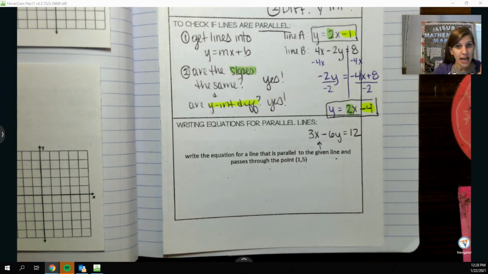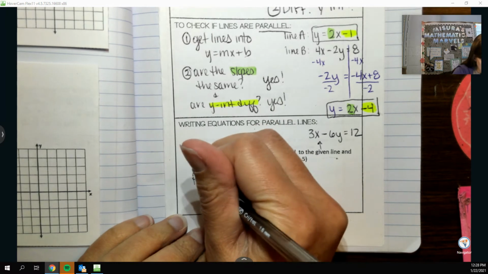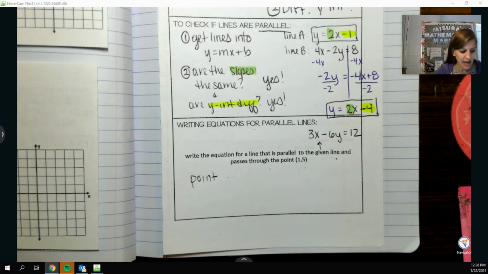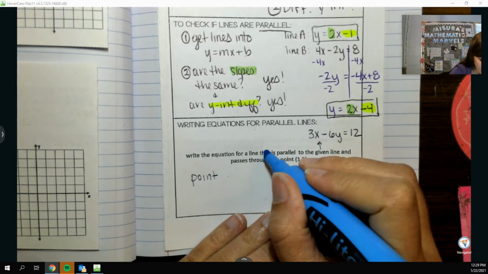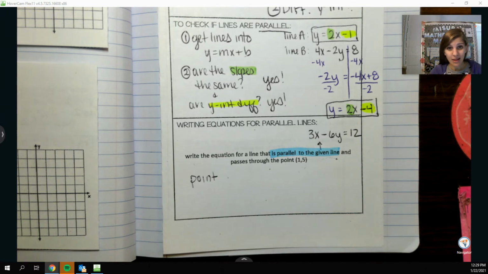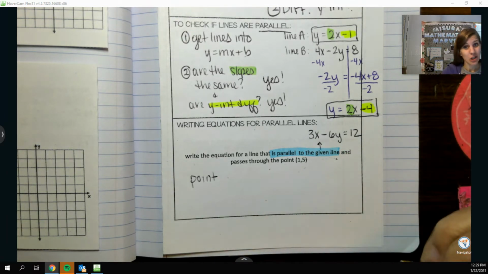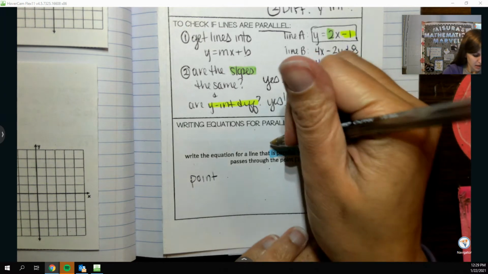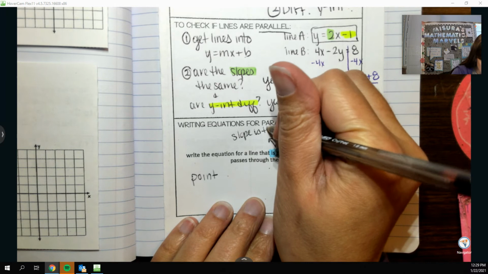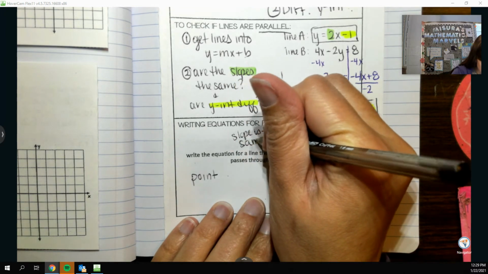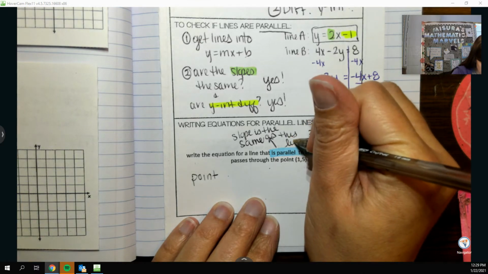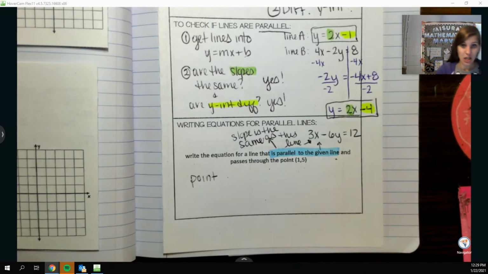Okay, so the thing is, they've given me a point, and whenever they say is parallel to a given line, that is just math code for your slope's the same as this line, whichever one they give to you.